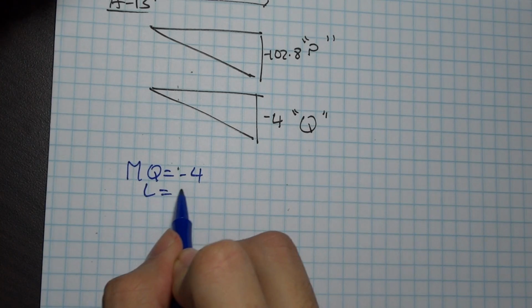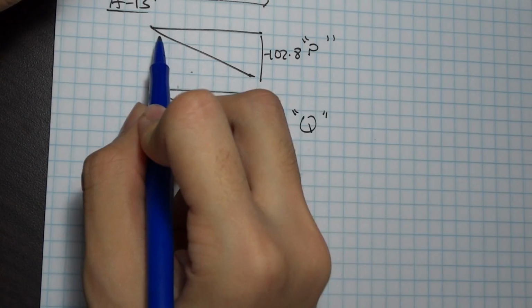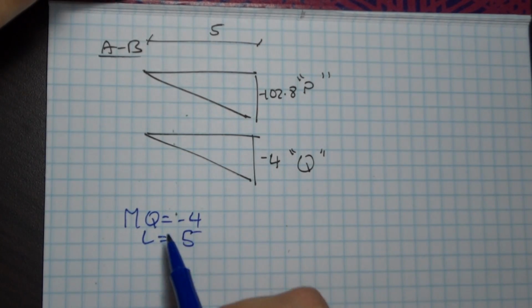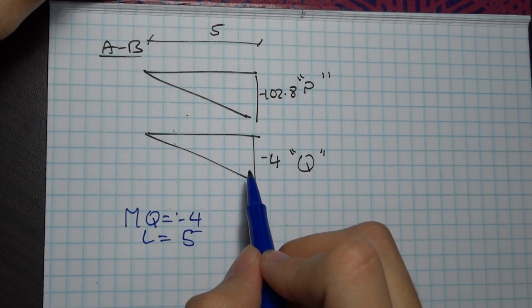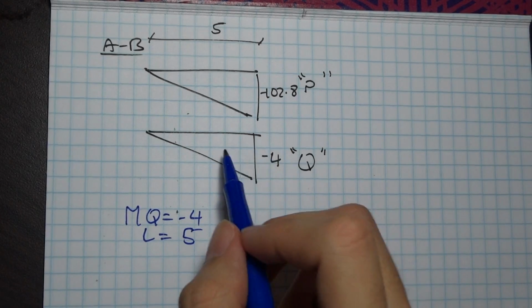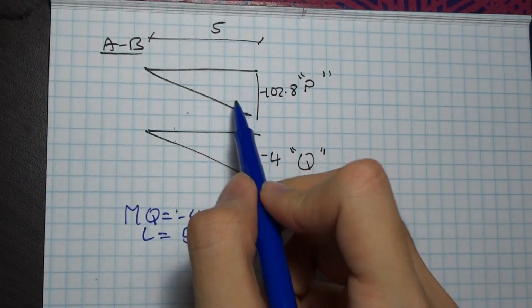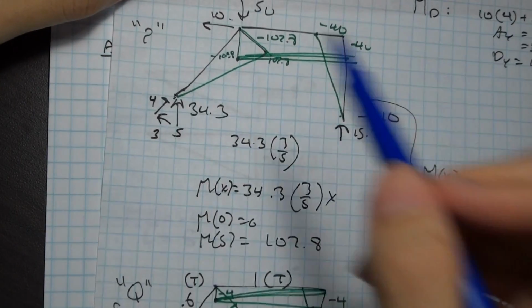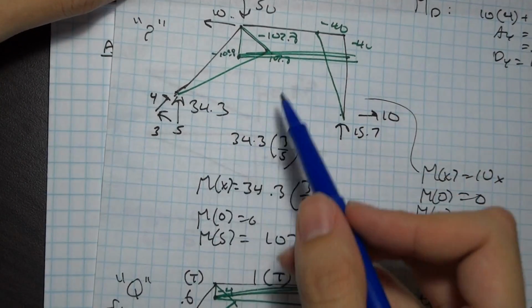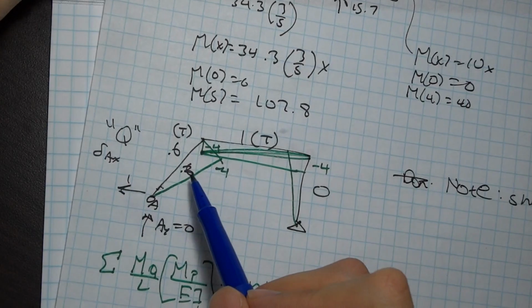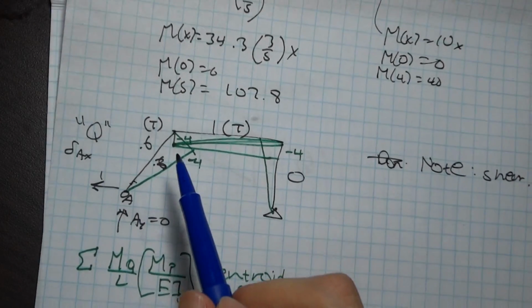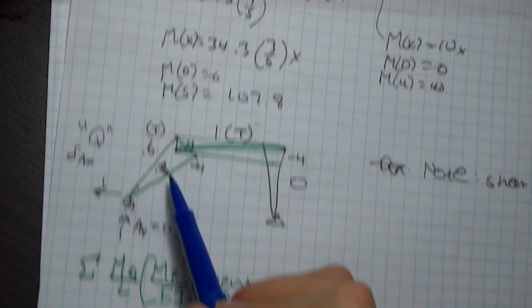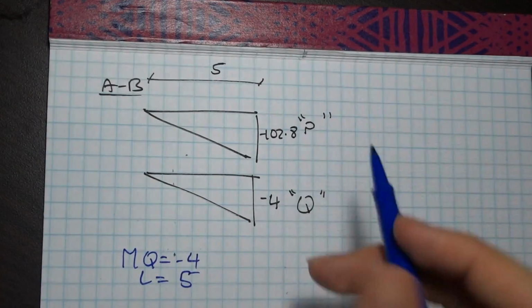My L is going to be 5, because my L is the length of this triangle. And note these two triangles are right here. I just pulled these out. I'm ignoring axial forces for now. I included them here just for notation's sake, but you'll find that their axial forces are negligible in our problem. But it's this triangle and this triangle. I just pulled them out here.